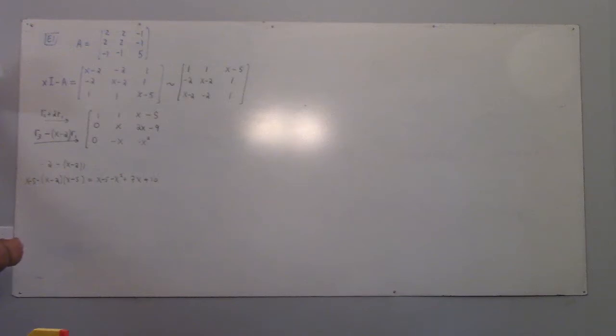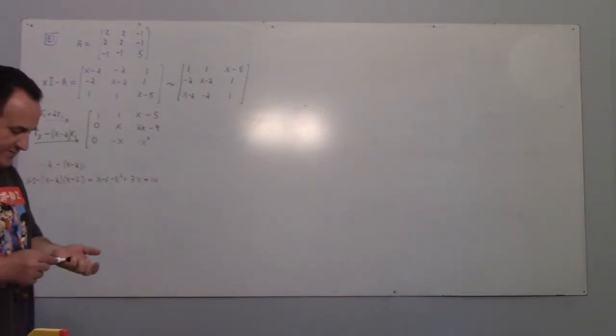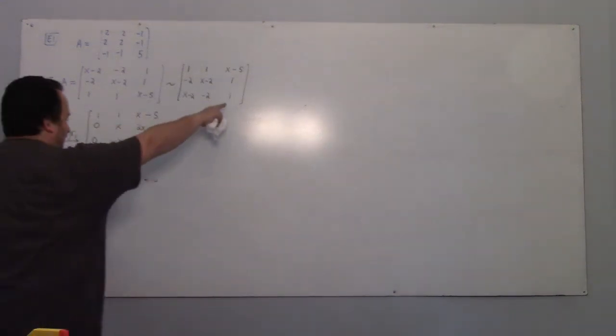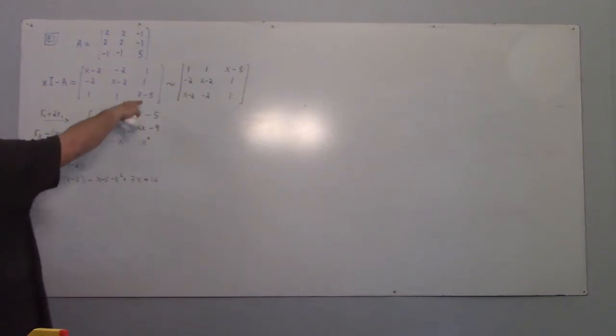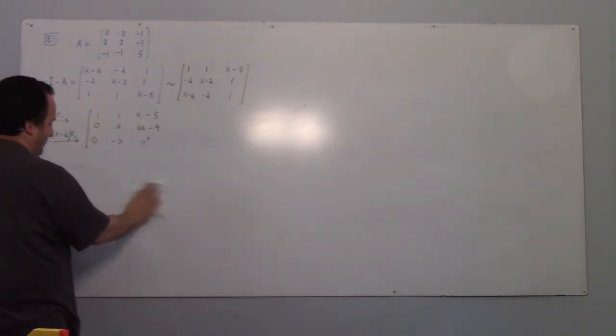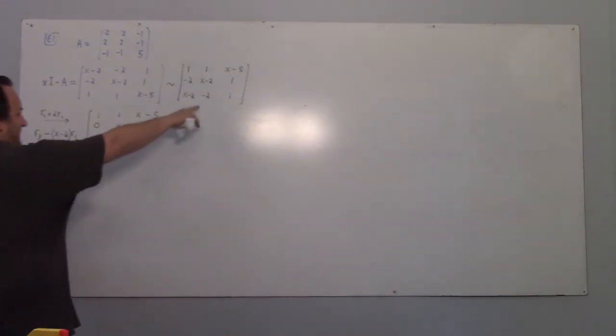Did I look at the wrong matrix? Let me just pause. I was supposed to do this matrix. I think I did this one. That was my bad. It should be based on this one.